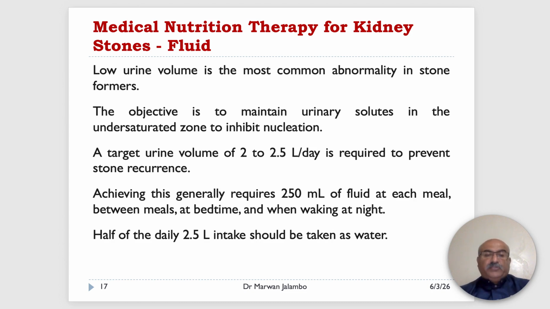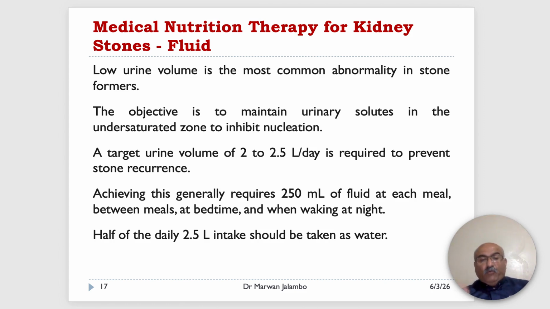Our goal is to maintain urinary solutes in an undersaturated state to prevent nucleation. Patients should aim for a urine volume of 2 to 2.5 liters per day. To achieve this, patients typically need to drink 250 ml of fluid at every meal, between meals, at bedtime, and even when getting up at night, with half of this intake being pure water.